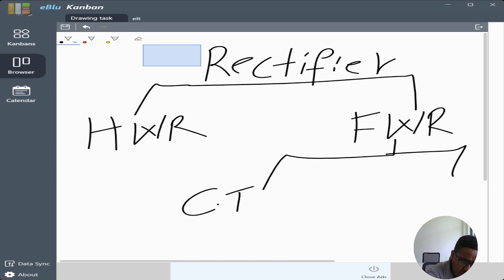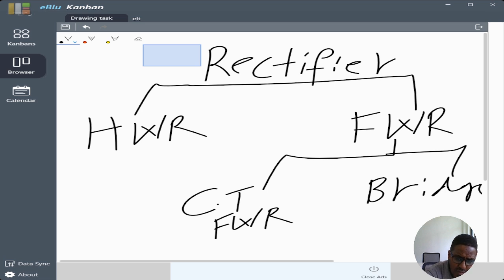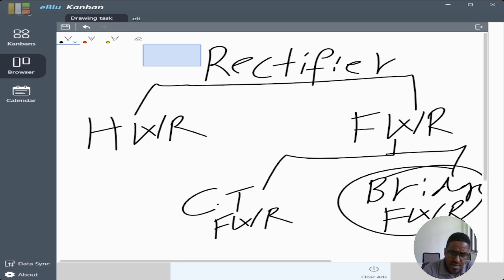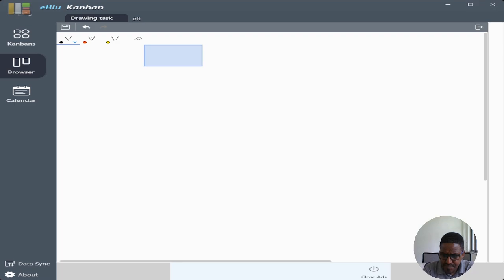Mostly used in electronics power supplies is the bridge type full wave rectifier, which is popular and high efficiency. But the basic rectification is the half wave rectifier. So let's see one by one.